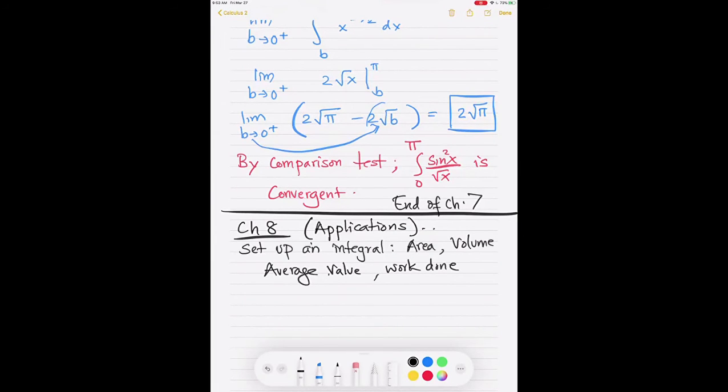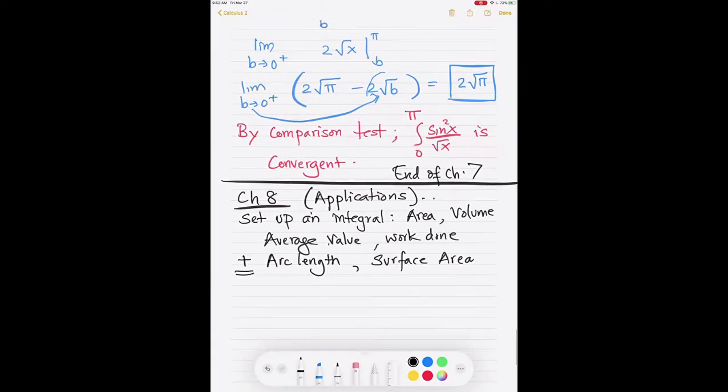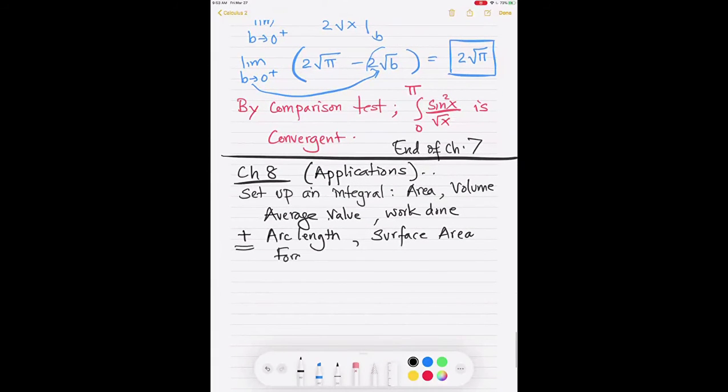We're going to add to this list arc length, surface area, and some physics, which is force due to fluid pressure, and centroid. But right now, we are just going to go with arc length.